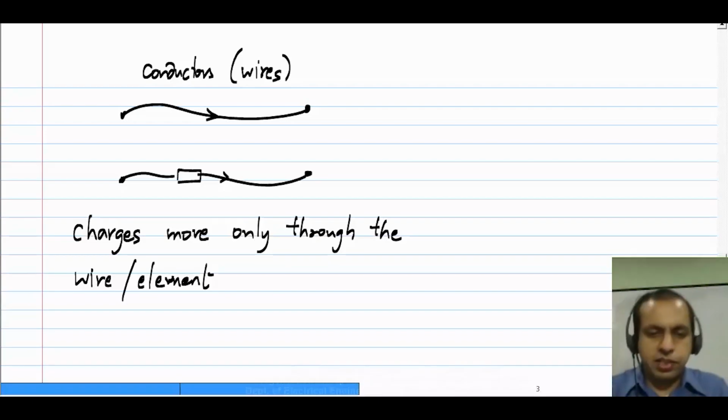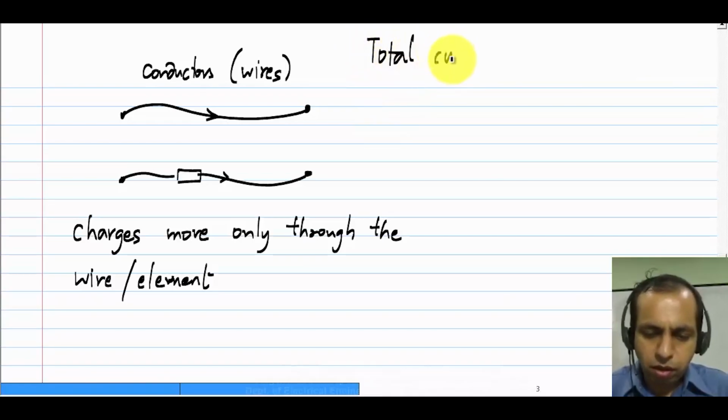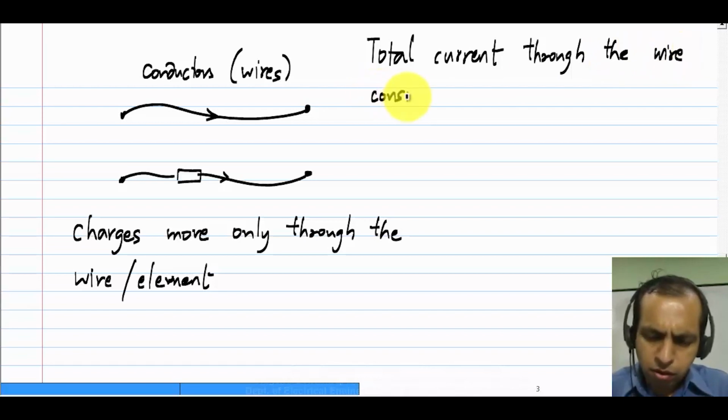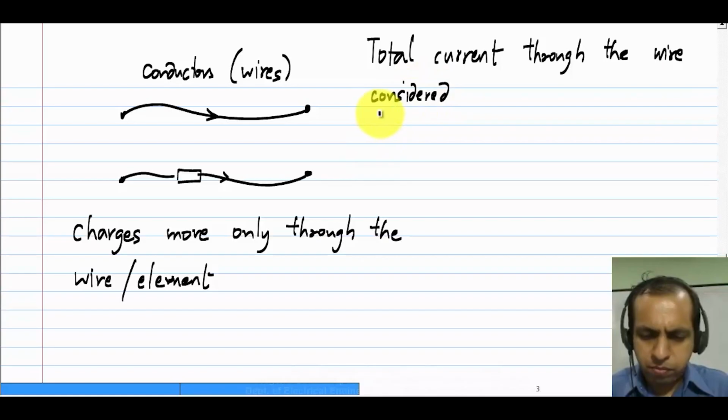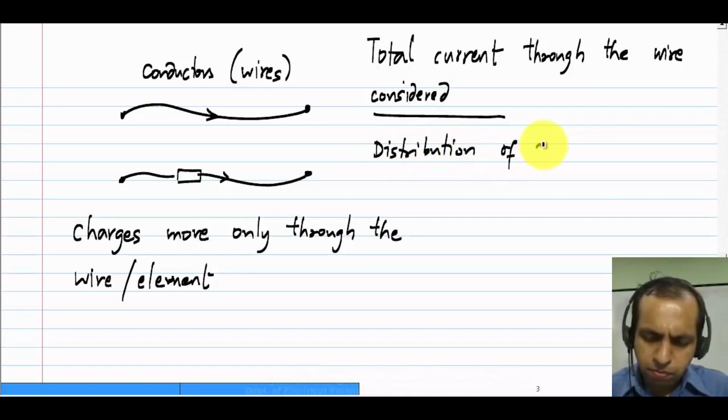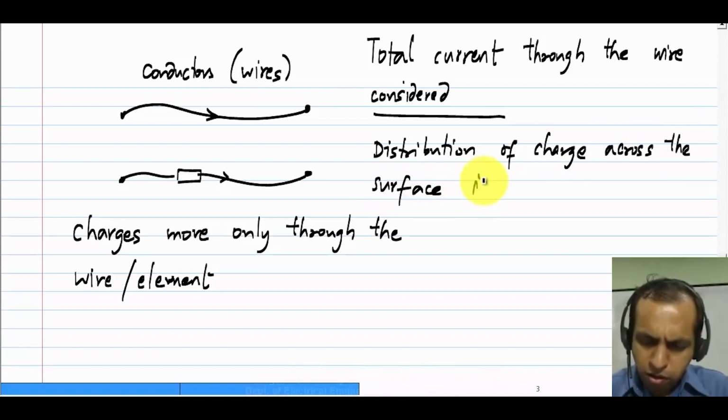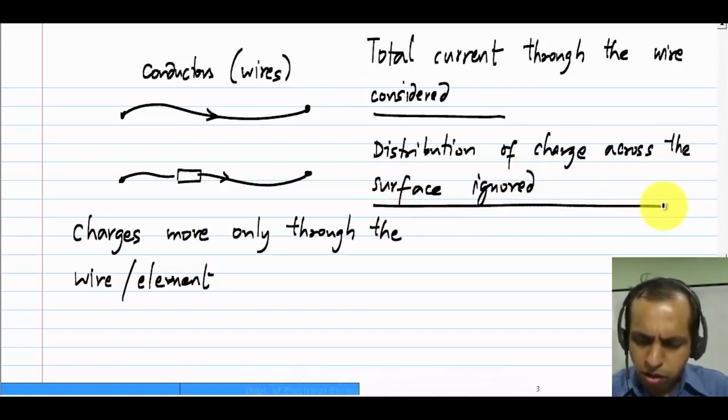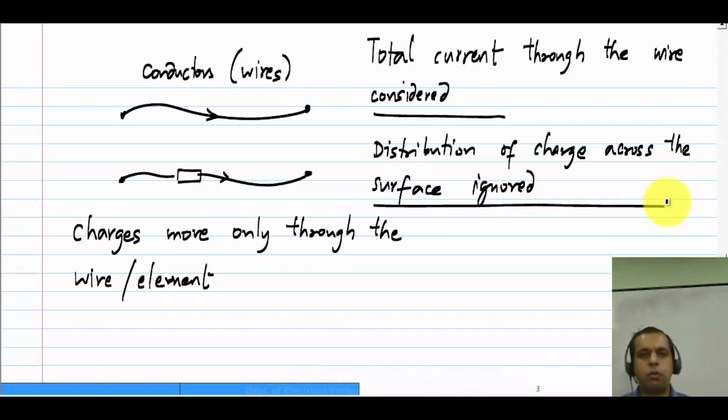Okay, so the first thing is that we will only worry about the total amount of charge that is flowing through the wire, or basically the total current flowing through the wire. So that is one simplification.